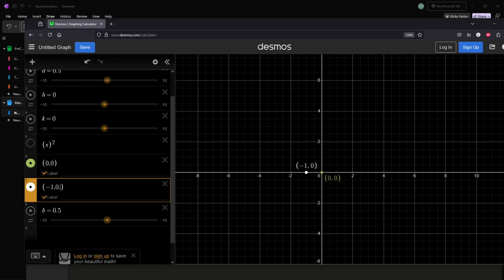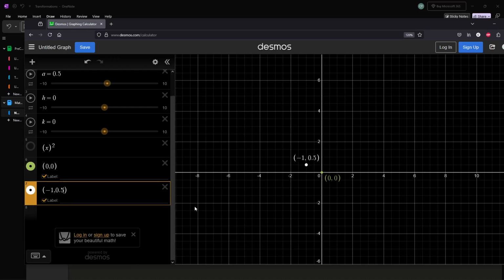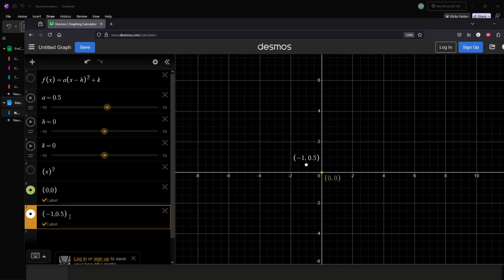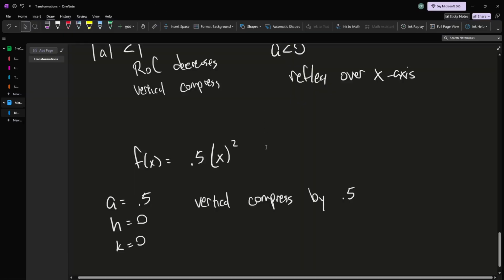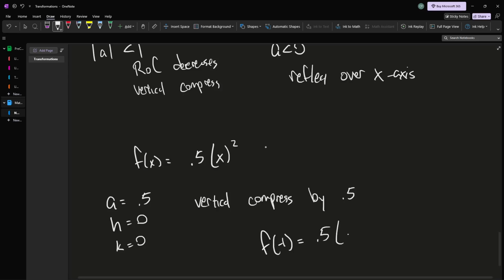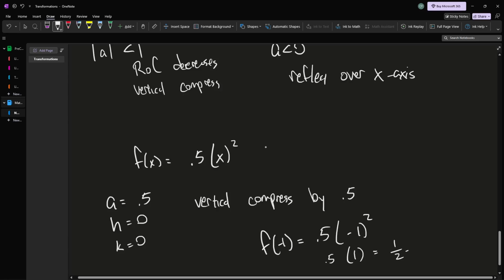The other way that we could find this out, because knowing exactly where to move it to gets a bit hard, is we could plug our point, our value, one left and one right, into our equation. So if I have -1 and I want to plug it into my function, let's find f(-1). f(-1) equals 0.5 times (-1) squared. 0.5 times +1, or just 1/2, or 0.5.